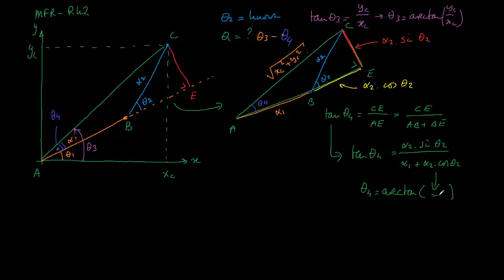Now we have found that theta 3 is the big angle over here. We know the small angle there, so we can calculate theta 1 now.